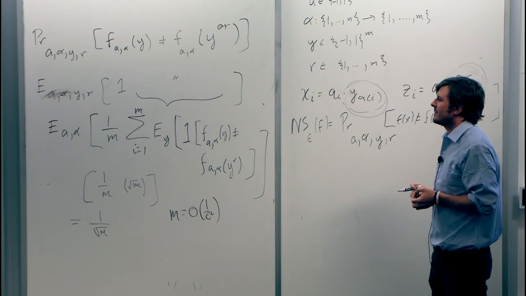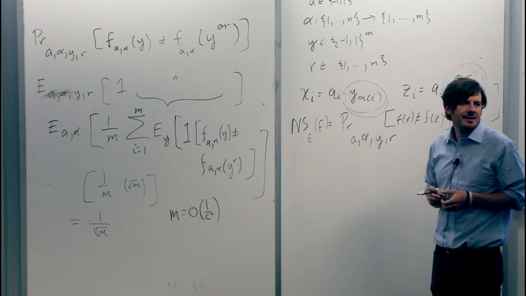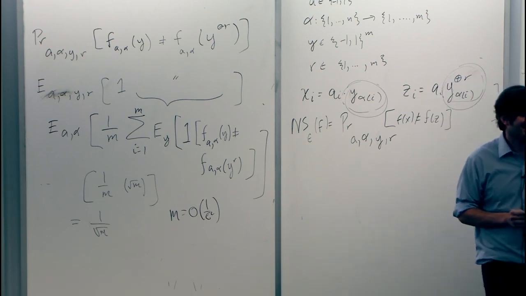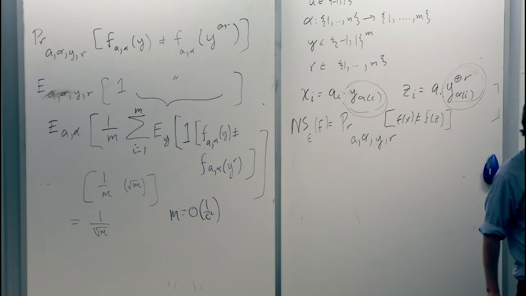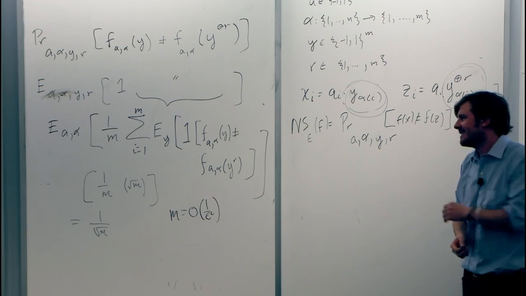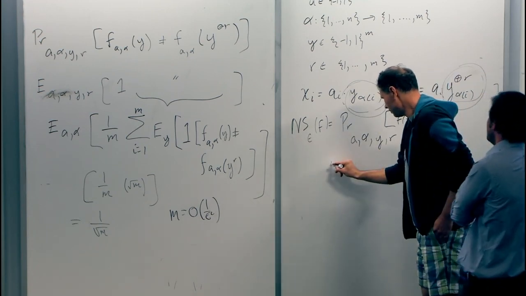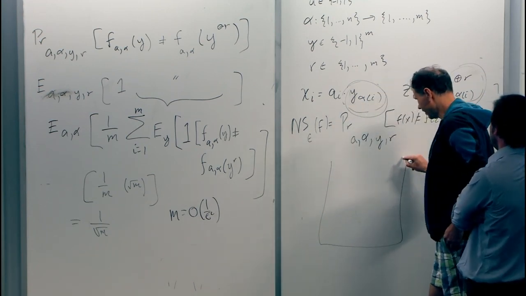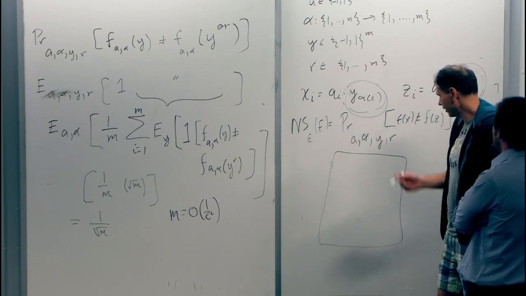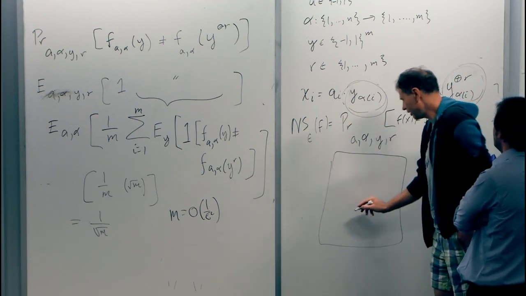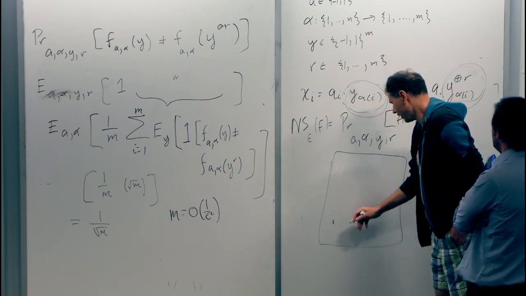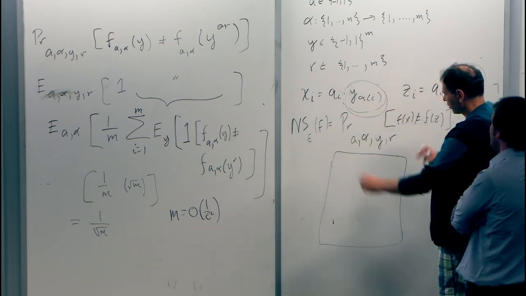Can I draw a picture of how I see this? Yeah, come on up and draw a picture. The way I am seeing this is that here is like an original cube, I'm just drawing a funny picture. Then you have A, and you have this partition.